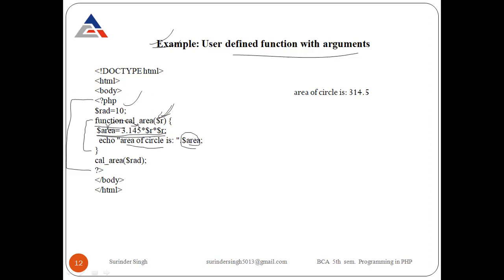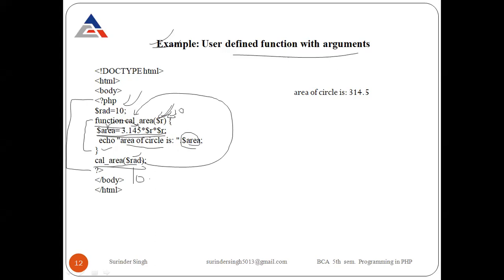Clear? Here we are closing this function, and this is the function call statement. Here we are passing the radius variable, and the radius variable has value 10. Now when we call this function, the function call statement will transfer the control to the function definition, and the value of the radius variable will be copied to the r variable.